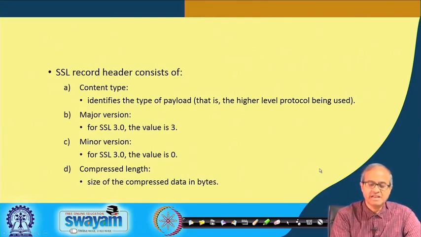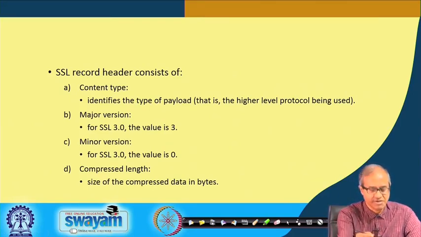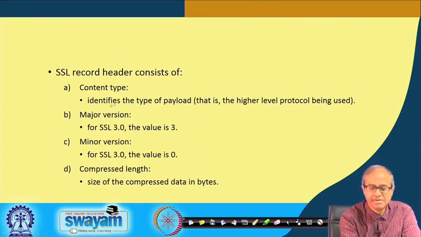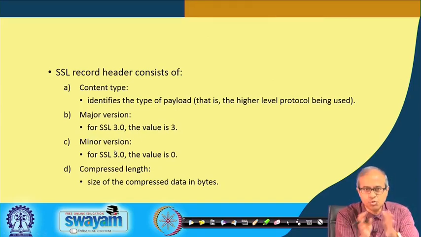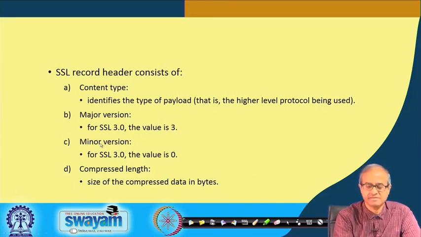The SSL record header consists of a number of fields. I am just showing you some of them. Content type: what is the type of payload it is carrying, is it application data, or change cipher spec, some higher level protocol, or an SSL alert. Then the SSL version, which has a major version and a minor version.